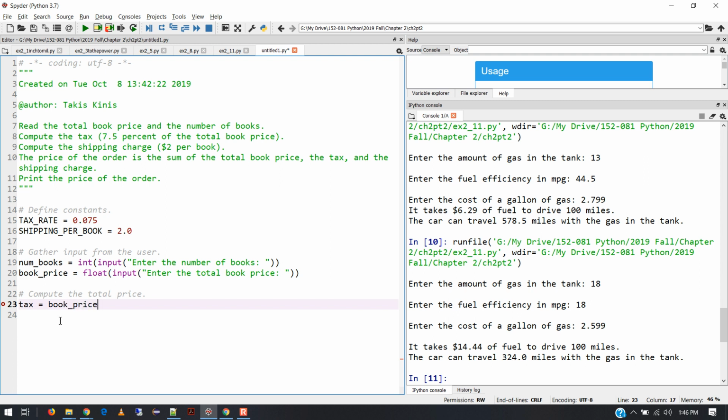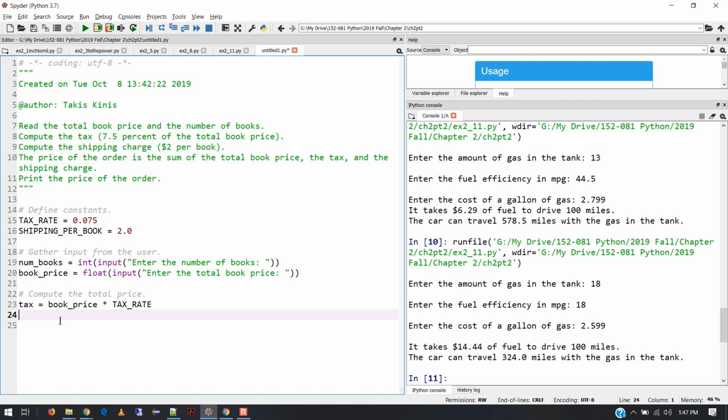How about if I take the price of the book and multiply it by the tax rate? You guys remember why tax rate and shipping per book are uppercase? Yeah. And remember, these are implied constants. You can actually change their value, but we're assuming that they can't change.